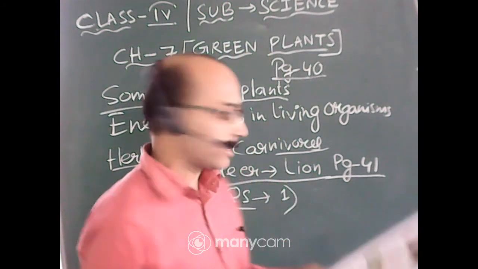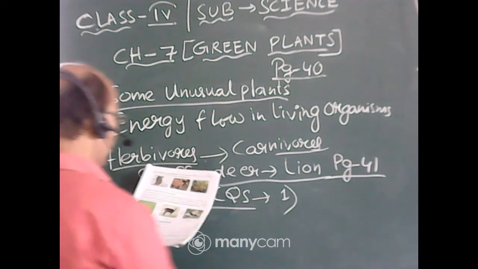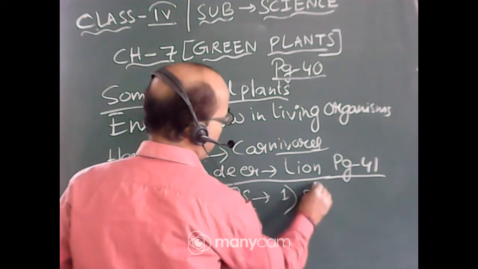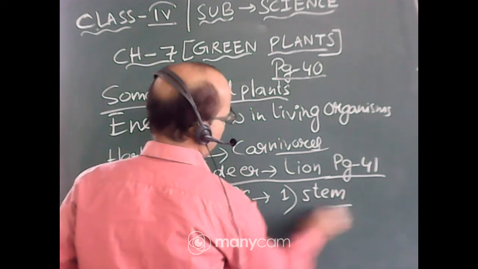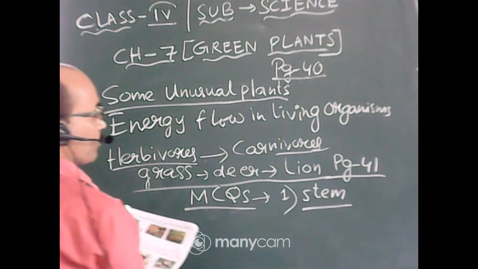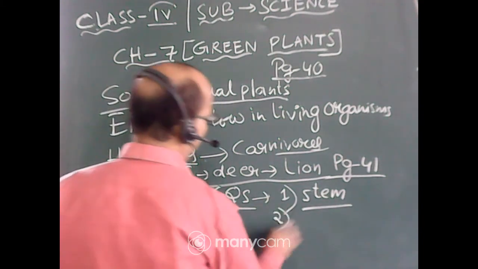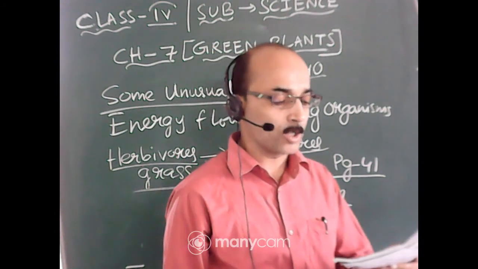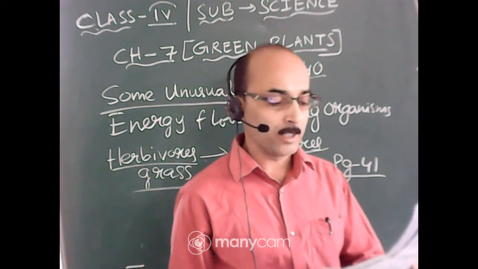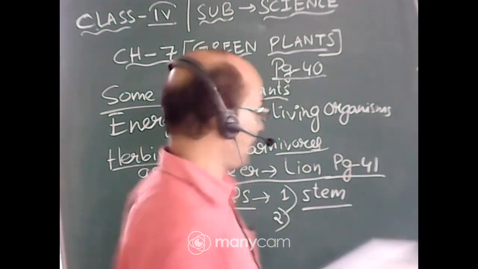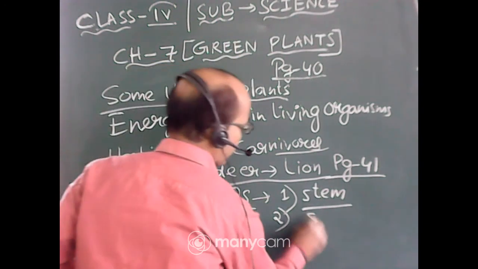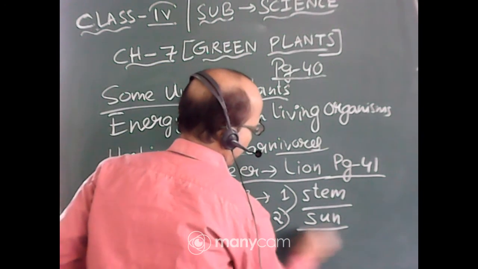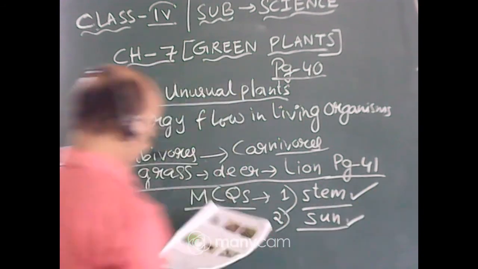The correct answer is the stem. It has a fleshy stem, it makes its food there, and it is also green in color. Then, the main source of energy on the earth is moon, generator, sun. The main source of energy is the sun, which is called solar energy.